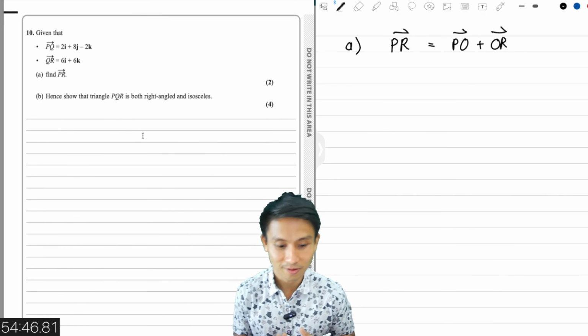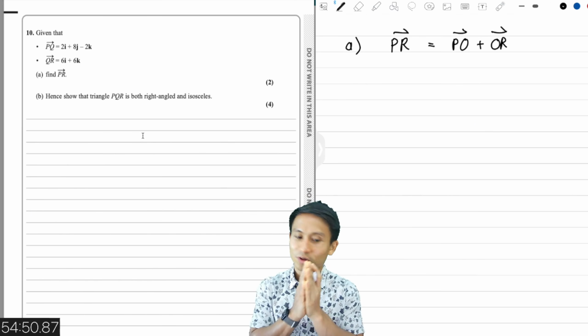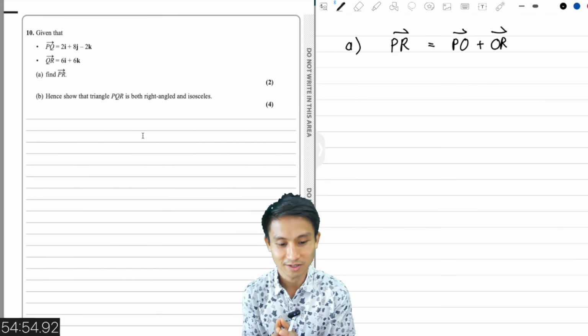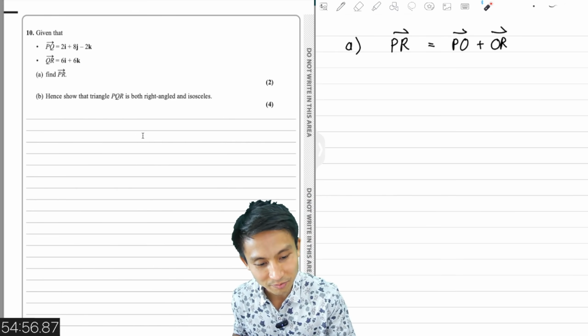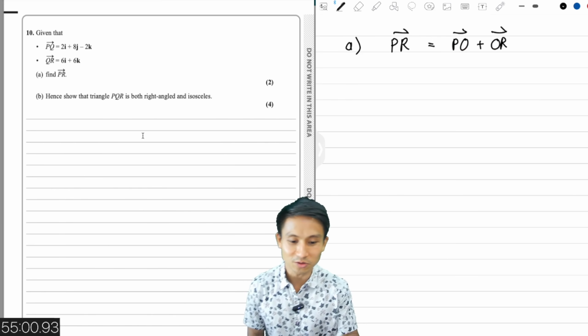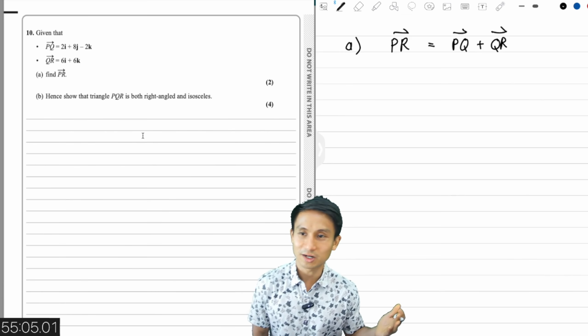That's fine as well. But this would have been fine if you have the position vector of P and R, but we don't. So how about we just change the middle one to anything we want? And the thing that we should change to is Q rather than the origin.